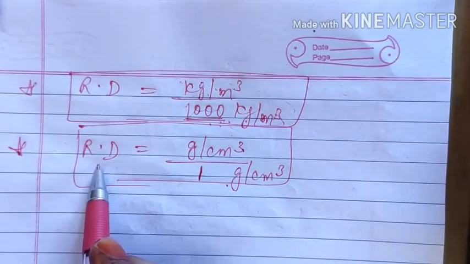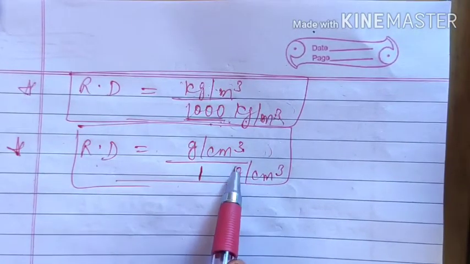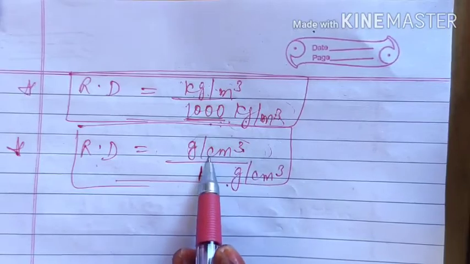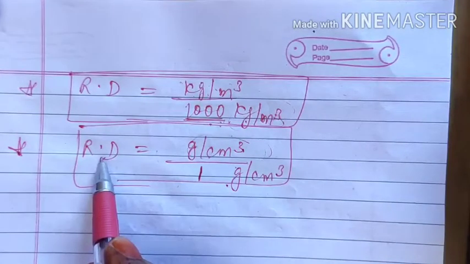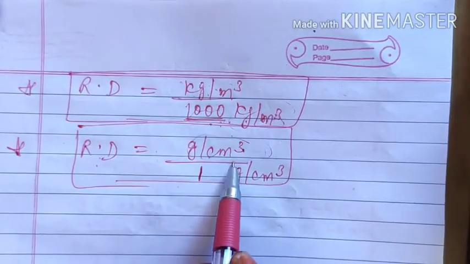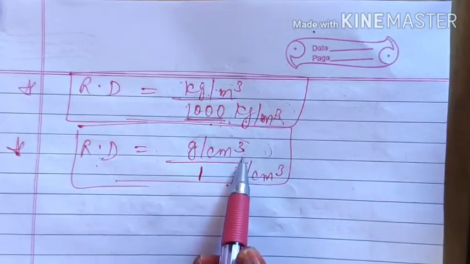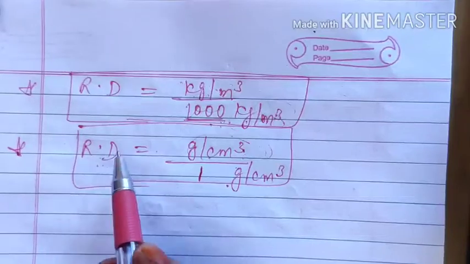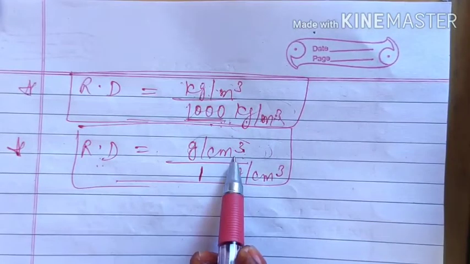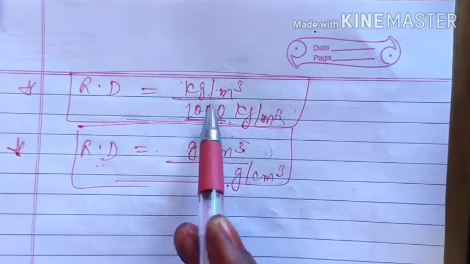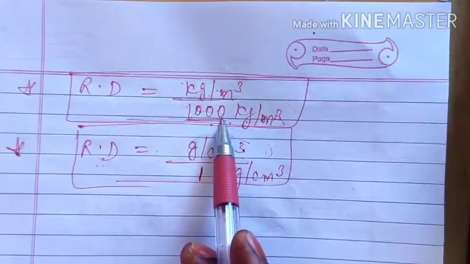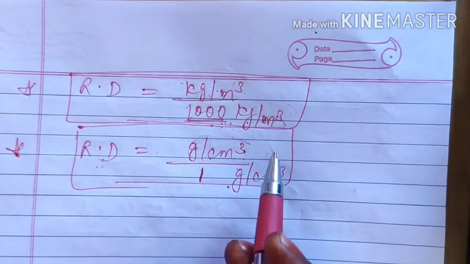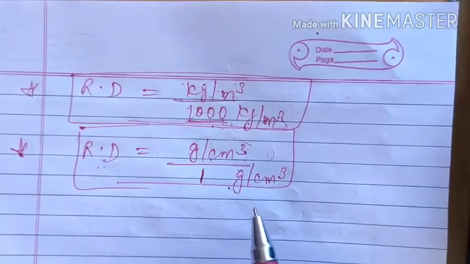If you are calculating it in terms of CGS, then the density of your material will be the relative density itself. The only difference is that the density of the material will have a unit, whereas relative density will not have any unit. Otherwise numerically both are the same, because here you have 1. That depends on the question, in which unit they have given. Accordingly we will calculate the relative density.